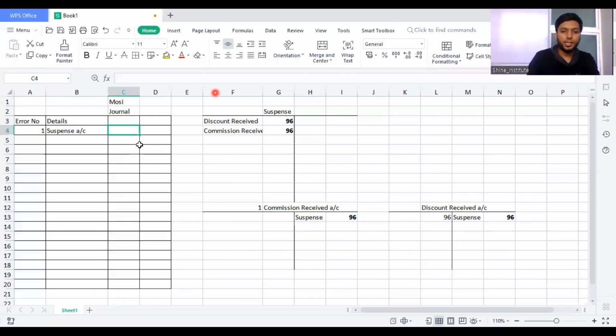It is going to be 96 plus 96, 192. And then here I'll write discount received account credit 96, and then commission received account credit 96.